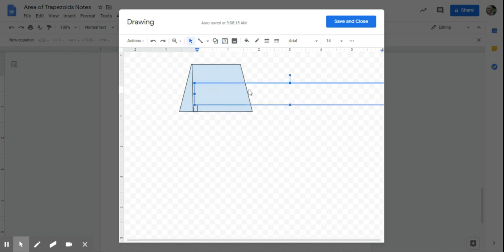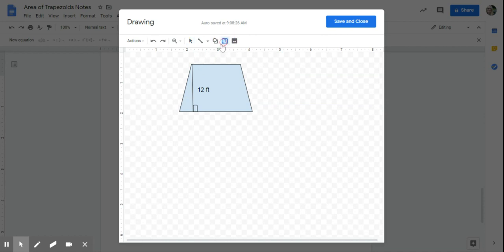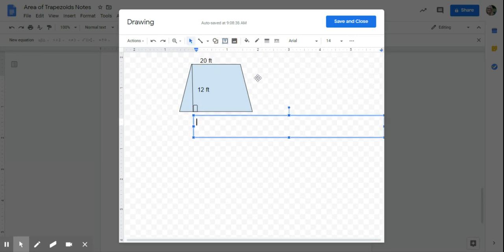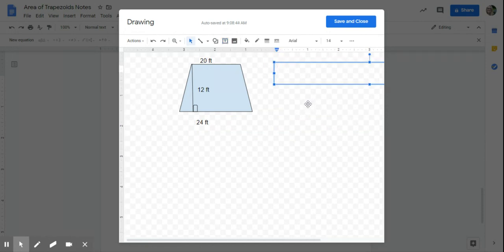So let's say the height is 12 feet. Let's do base 1 as 20 feet. And let's do base 2 as 24 feet.